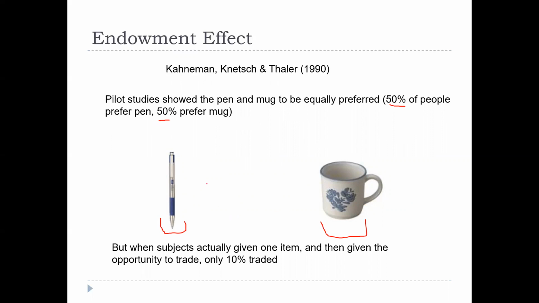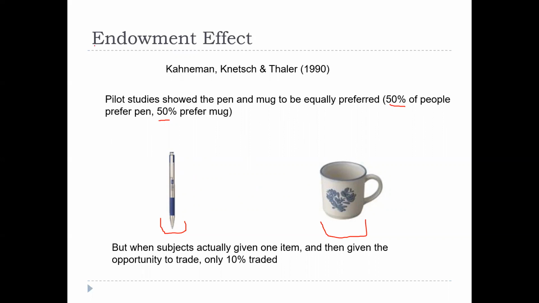So some people received the mug, some people received the pen, but it's not necessarily the thing they wanted. Then after they received the item, they had an opportunity to trade, but only 10% of the people actually traded. Even though people ended up with cups or pens they didn't want initially, once they had it, they didn't like the idea of losing that item.